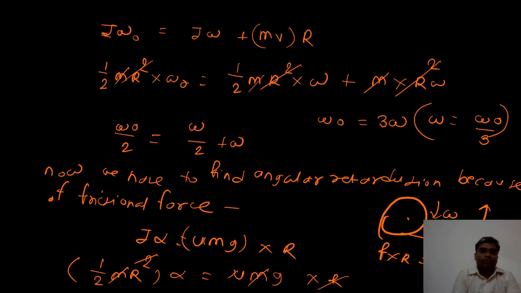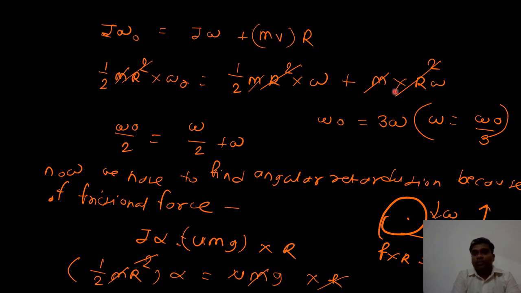For a solid cylinder, with axis passing through its center, the value of I is mr square by 2 into omega naught. And here again we can write I is equal to 1 by 2 mr square into omega plus m into linear velocity.